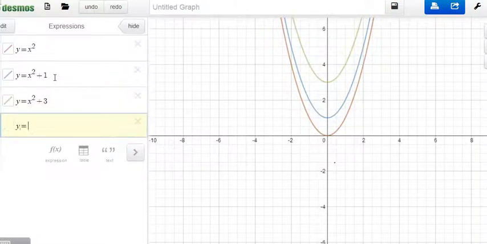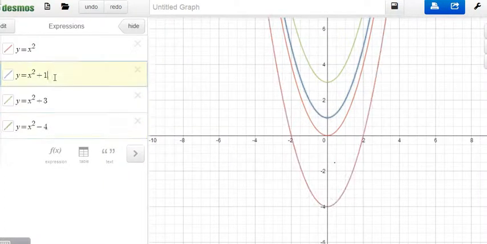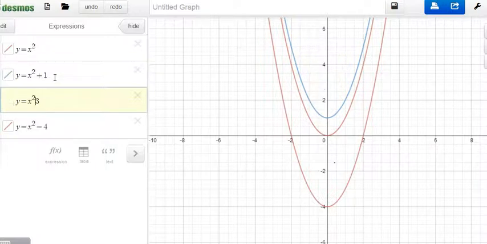And then y equals x squared and do what? Minus 4. I should have done a plus 3, right? Okay, minus 4. And plus 3. Oh, did I? Okay. I couldn't see it.